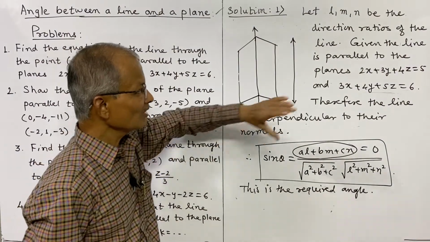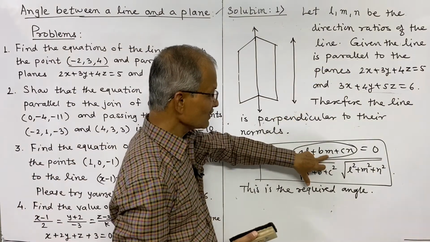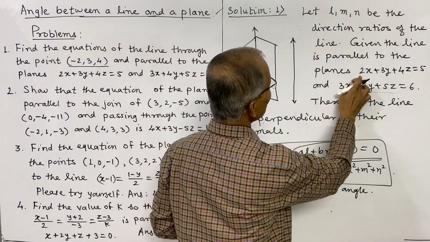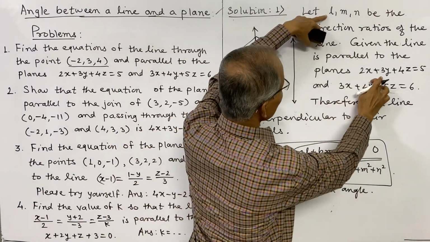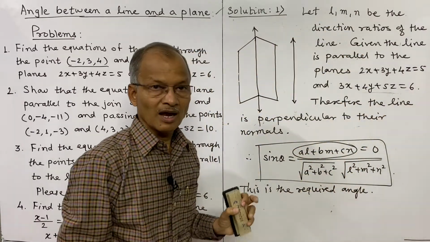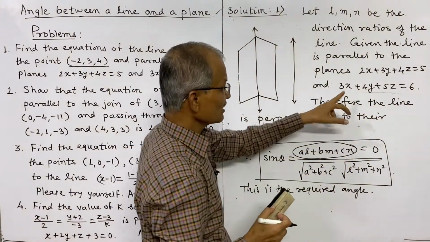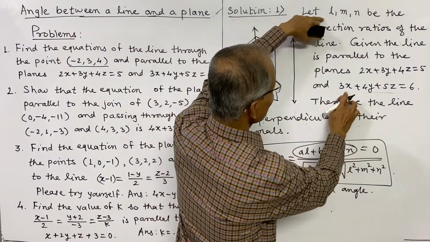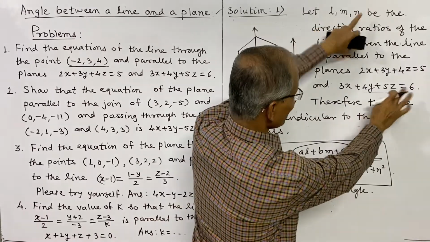Now there are two planes, so we have to use this result for both the planes, and thus what we shall get is 2 into l plus 3 into m plus 4 into n is equal to 0. That is the first result, and the same result holds for the second plane. Its normal DRs are 3, 4, 5. So 3 into l plus 4 into m plus 5 into n is equal to 0.